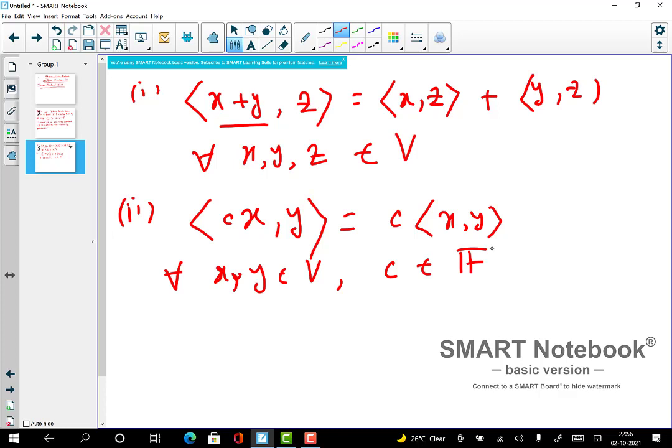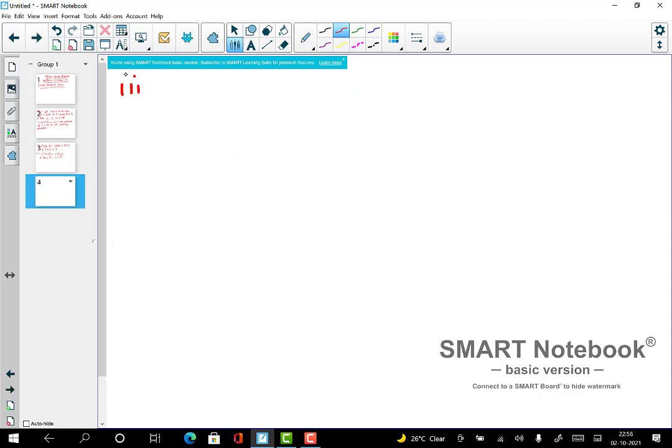Okay. This is property number two, and property number three is very interesting, and that is important when the vector space is over a complex field. When you choose the inner product of two vectors and take the conjugate, because if the field F is complex, then the value can also be a complex number.